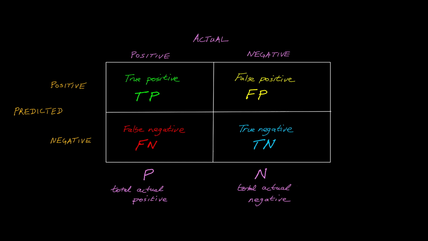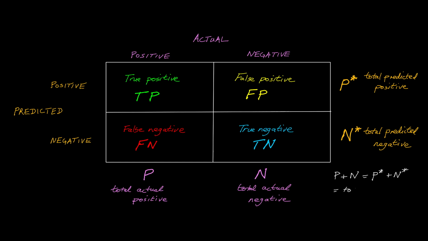And I remind you that those are the actual or true or ground truth or real state of our population of interest. Then we will label our row totals with P star and N star, which are the total predicted positive and negative outcomes. And then at the bottom right, we have the total number of observations, which is P plus N, or equivalently P star plus N star.